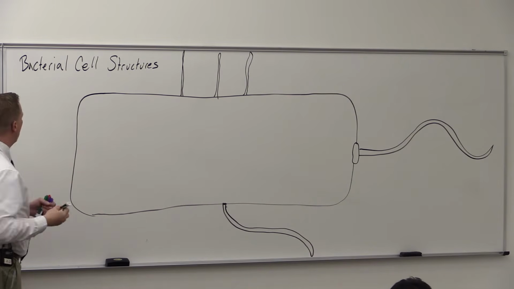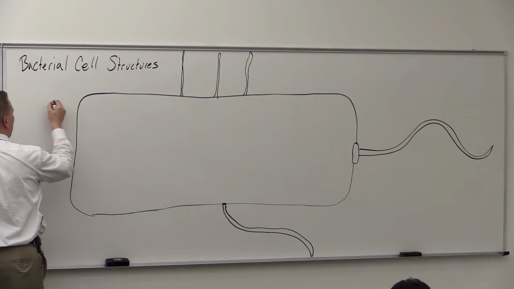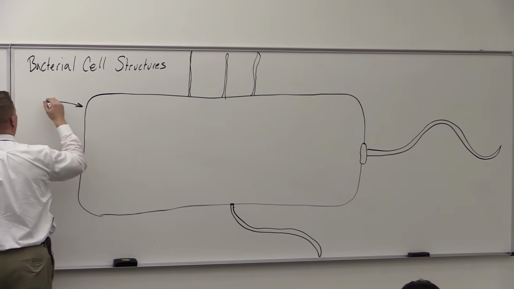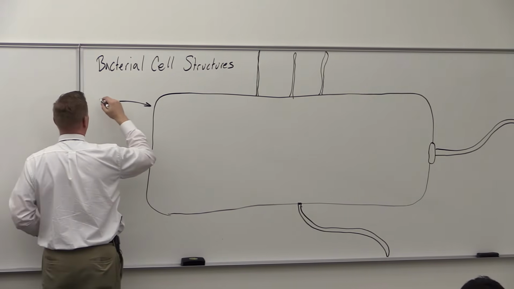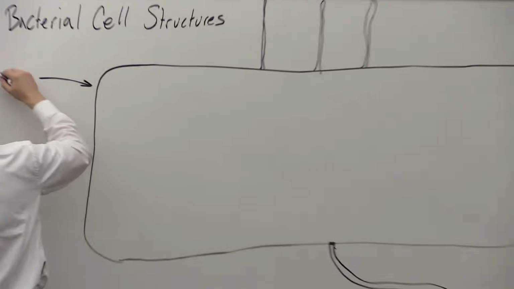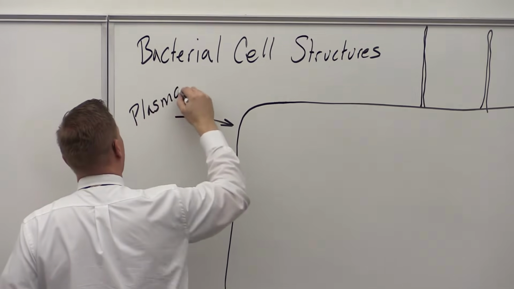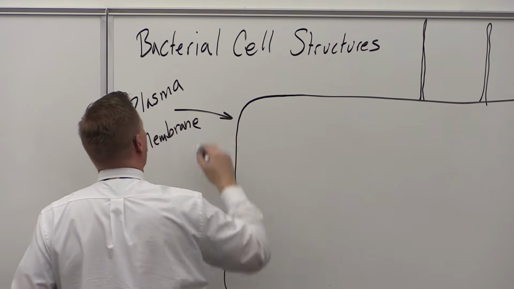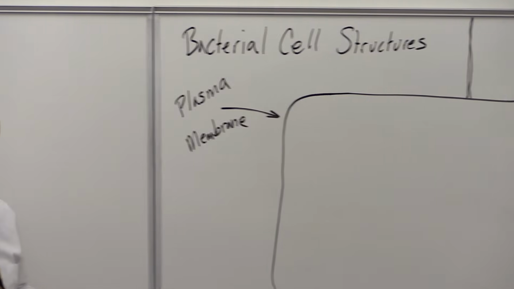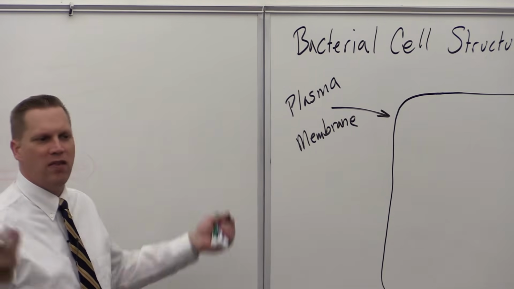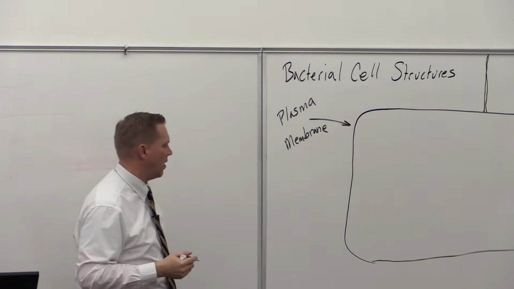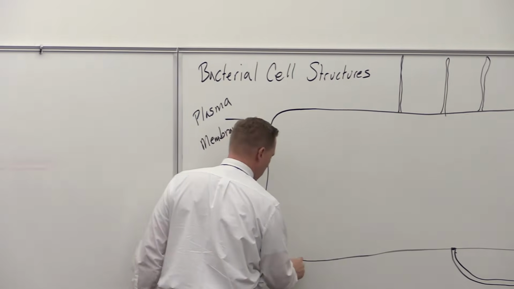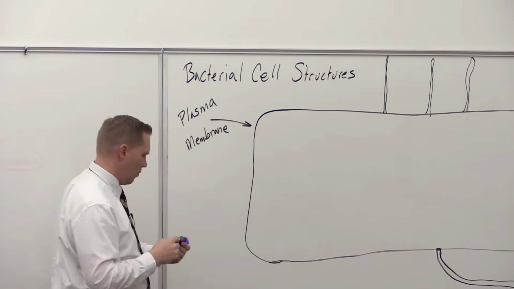So, as we draw the bacterial cell, the very first thing that we notice, like we did with the eukaryotic cell, we have a plasma membrane. So again, that's the outer membrane that separates inside the cell from the rest of the environment or the world outside of the cell. And so bacteria do have a plasma membrane.